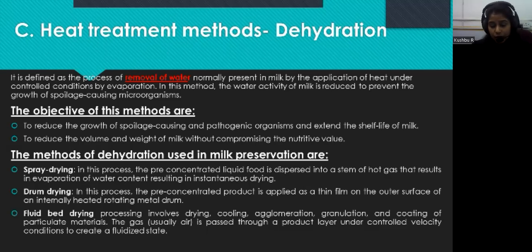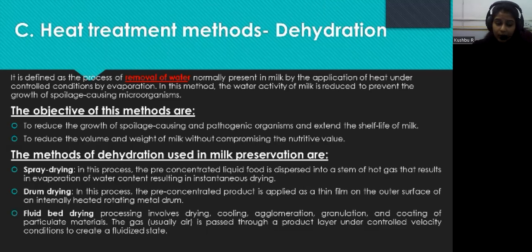The main objective is to ensure complete removal of water, thereby removing the organisms, because the minute you remove the water, it becomes an unfit habitat for the microorganisms to reside. Thereby it increases the shelf life of the milk, and also reduces the volume or the weight of the milk, where the nutritive content of the milk can be concentrated.